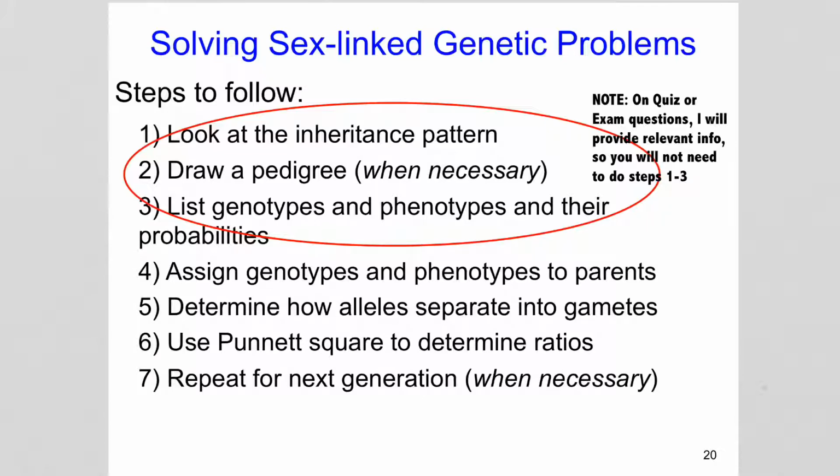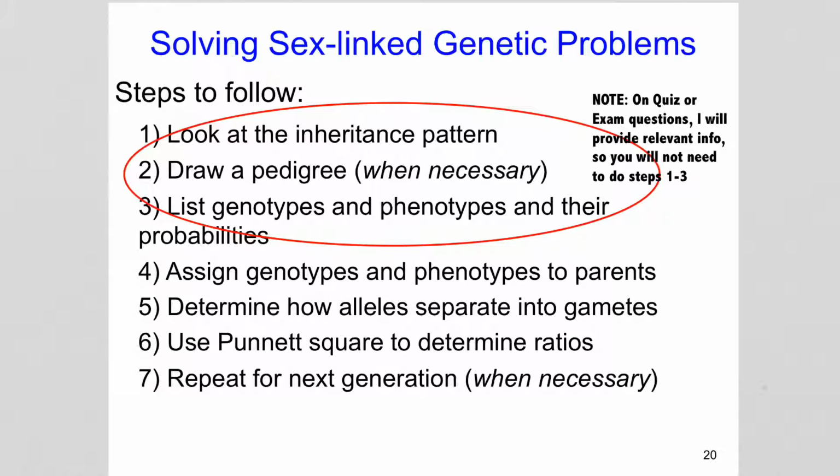So the steps that you're going to need to follow is then assign genotypes and phenotypes to parents. So I may give you half of the information, but your job will be think about how the pedigree looks and then what you think the associated genotypes and phenotypes of the parents would be. And then, as we've done in the previous two examples where I walked through Punnett squares with you, once you know the parents' genotypes and phenotypes, you can determine how the alleles are then going to be separated into the gametes and passed on to the offspring.